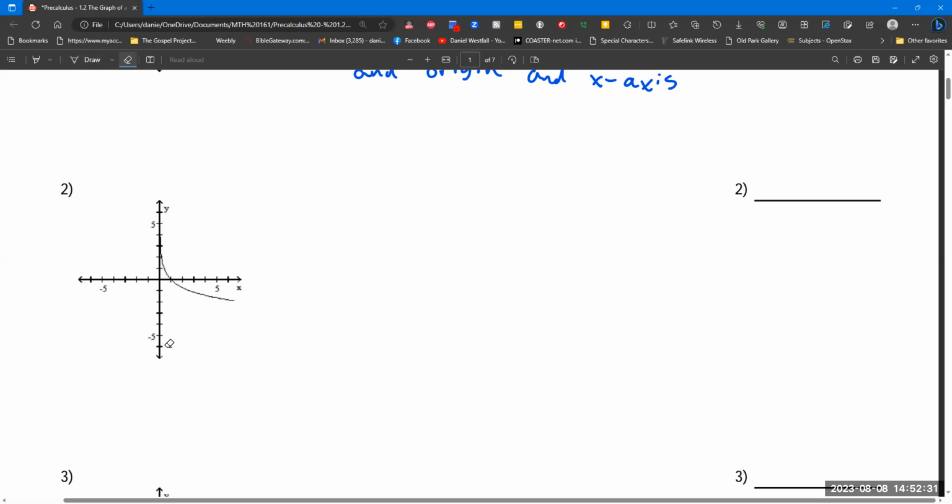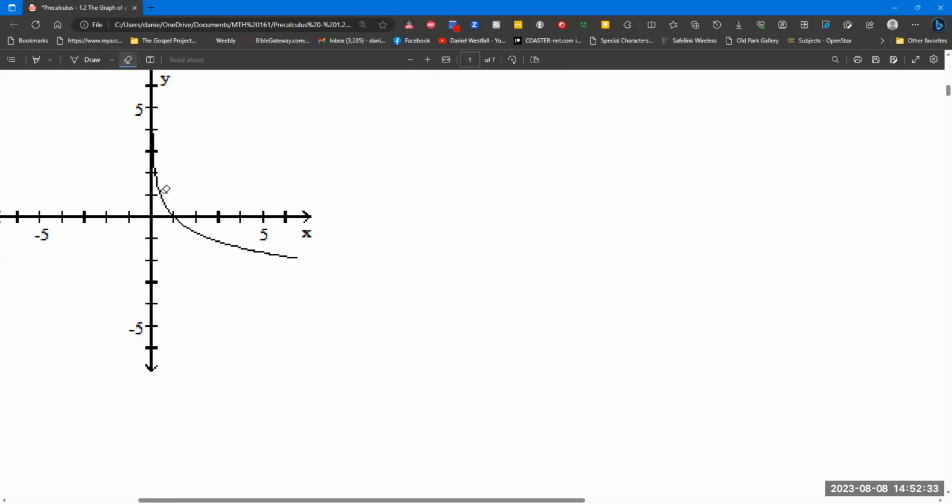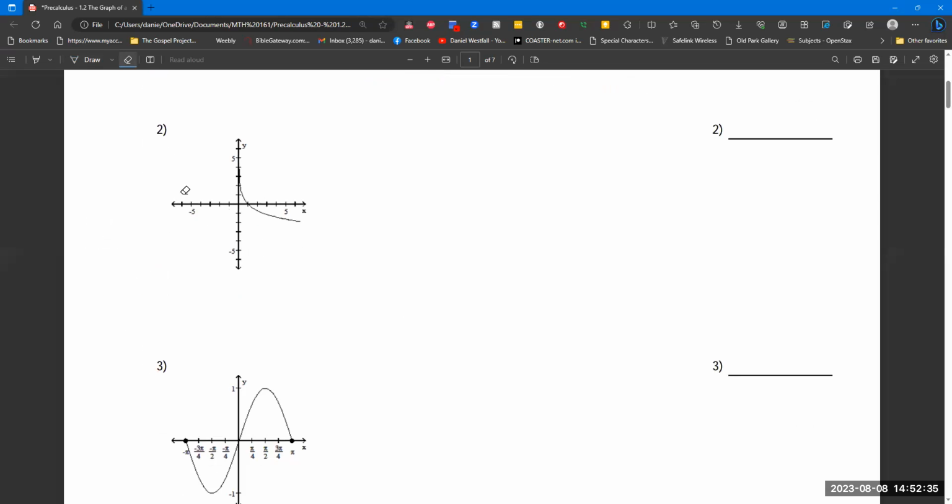That's called asymptotic behavior. There's a vertical asymptote at x equals 0 there. So there's probably not a horizontal asymptote over here. This is probably based off of a logarithmic graph. I can't tell for sure, but it looks like it.